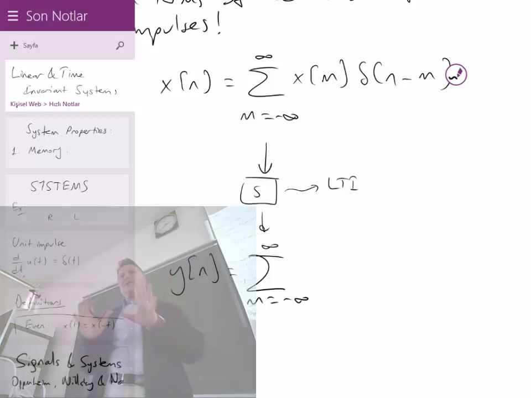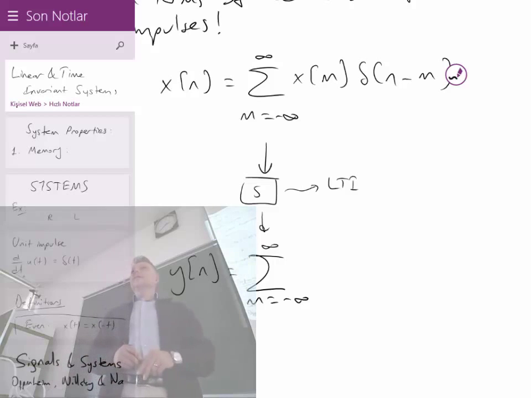It's a different question. What is the response of the system to delta n minus 1 in terms of h of n? h of n minus 1. To delta n minus 2, the response is h of n minus 2. How about 2 times delta n minus 2? The response is 2 times h of n minus 2.